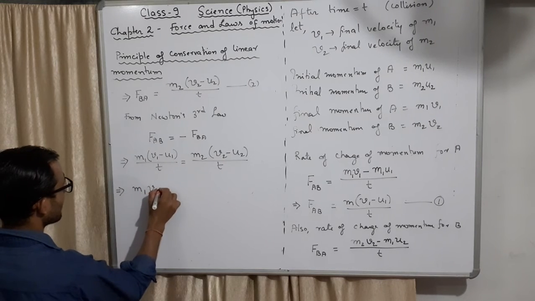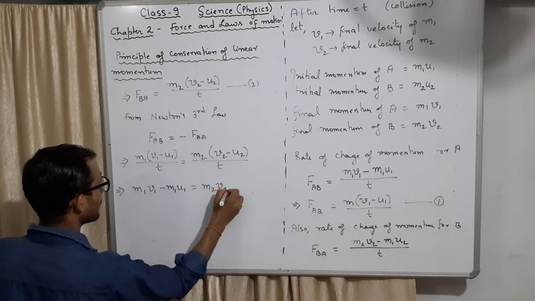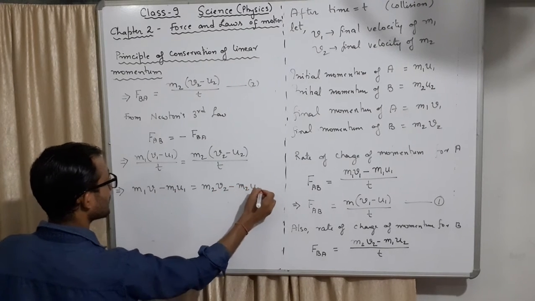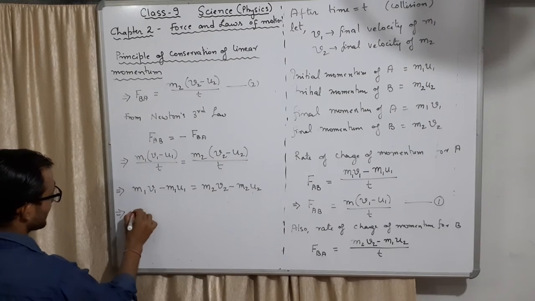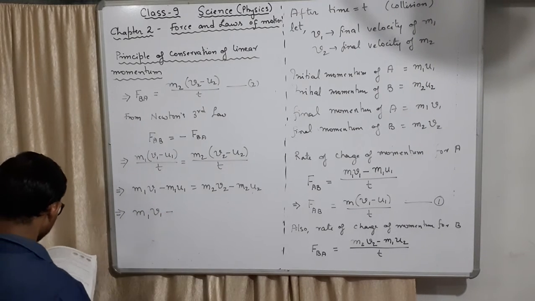M1 V1 minus M1 U1 equals minus (M2 V2 minus M2 U2). Bring them to the positive sides.